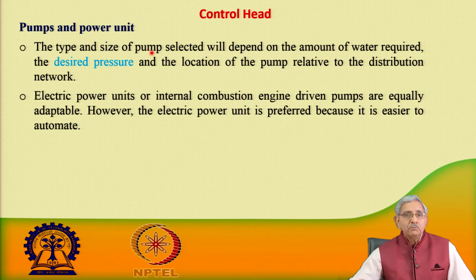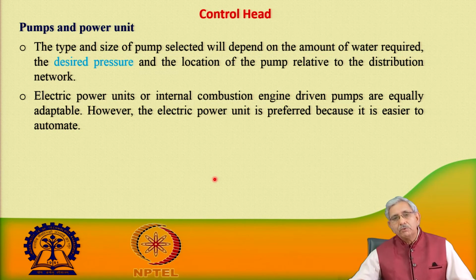Now, briefly, let us see how we select the pump based on the requirement, and also how much pressure we will need. That has to be taken care of while selecting the size of the pump. Electric power units or internal combustion diesel engine pumps are also used.